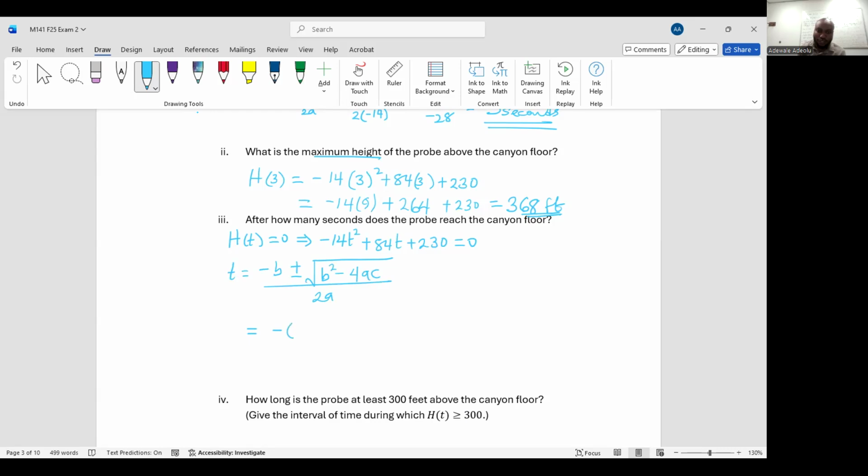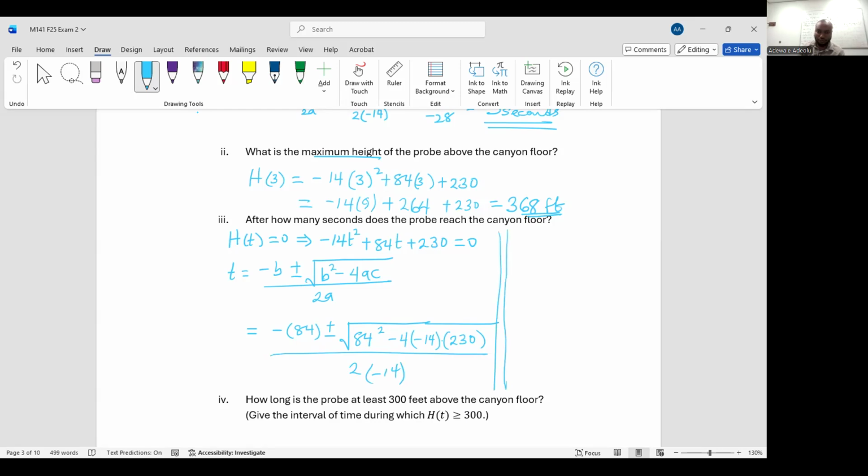So minus b is minus 84, plus or minus the square root of b squared, which is 84 squared, minus 4 times a, which is negative 14, times c, which is 230, divided by 2 times negative 14.